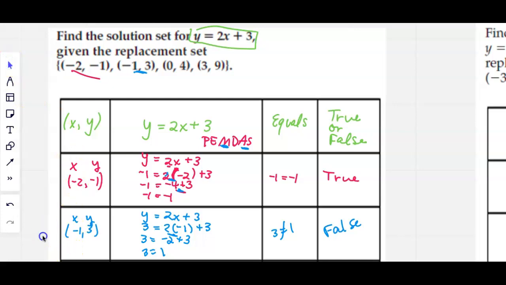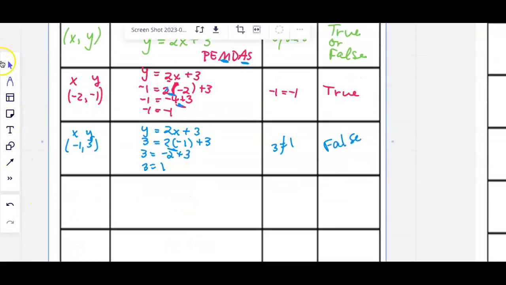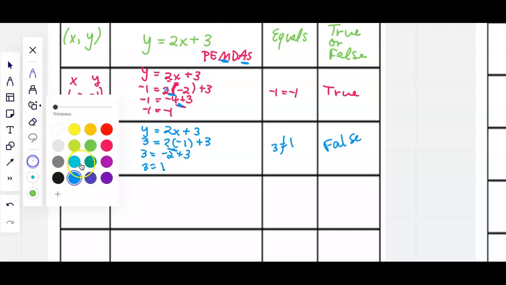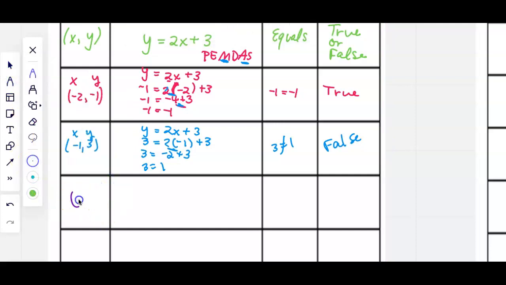That did not work. And now let's keep going. Our next one is 0, 4. So let's change color again, keep it all nice and organized. So x is 0, y is 4. Our equation's y equals 2x plus 3. And once again, we substitute. Y is 4, equals 2 times x, which is 2 times 0, plus 3.